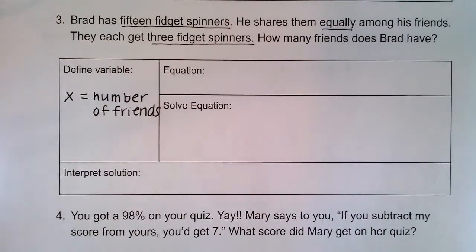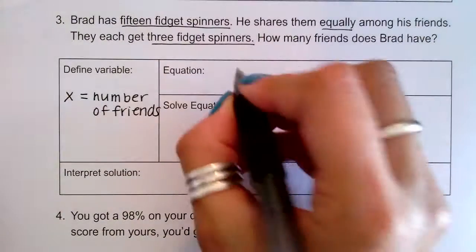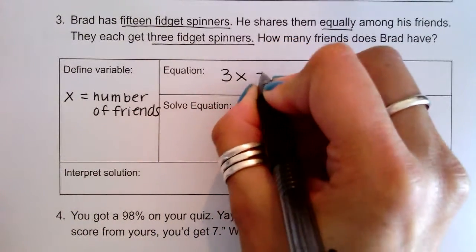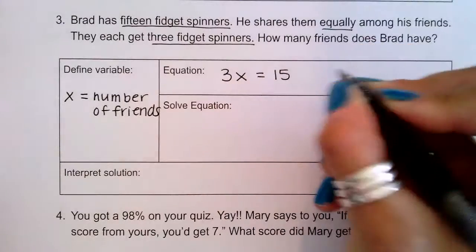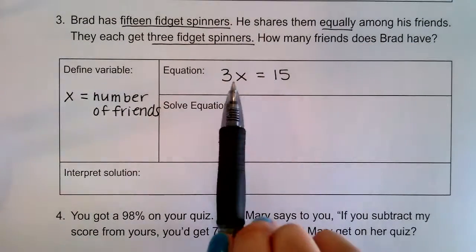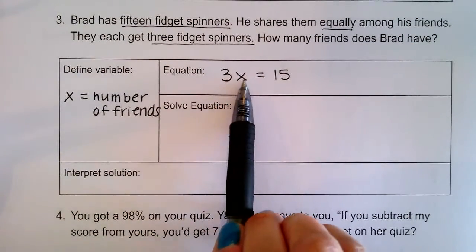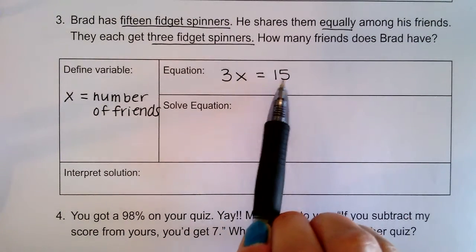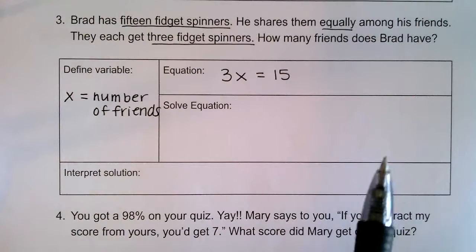So very similar to number 1, we know there are 3 fidget spinners per person, even though we don't know how many people there are, for a total of 15 fidget spinners. So we have 3 fidget spinners per person is equal to a total of 15 fidget spinners. So 3 times the number of people equals the 15 total fidget spinners that Brad has.